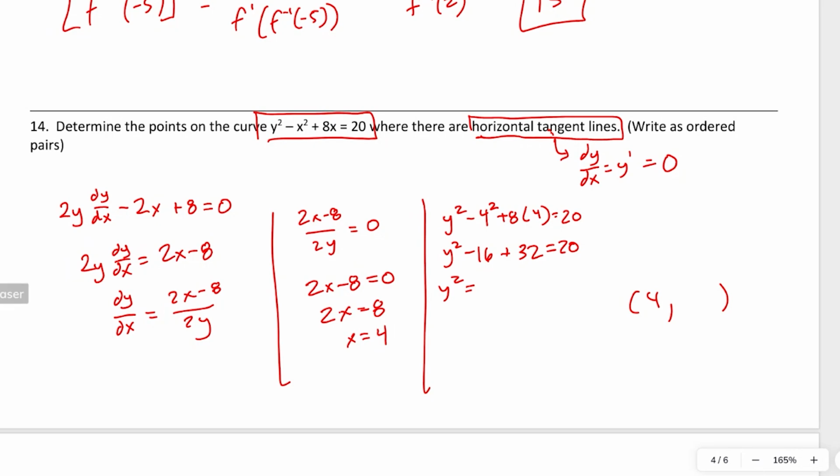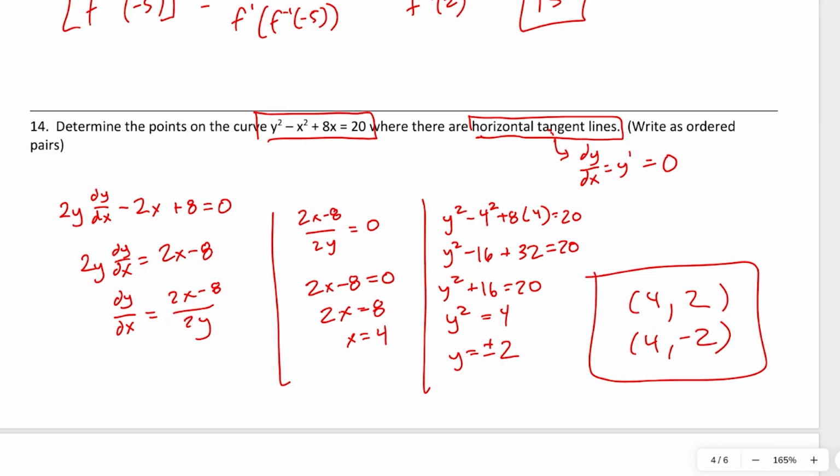So this should be y squared plus 16 equals 20. Subtract 16 on both sides, I get y squared equals 4. So y could actually be plus or minus 2. So we actually have two coordinates here, 4 comma 2 and 4 comma negative 2. So you can write them separate like that, or you could just write it as 4 comma plus or minus 2, and that'd be acceptable as well. But there are two coordinates there.